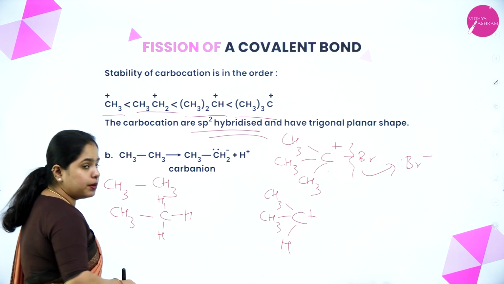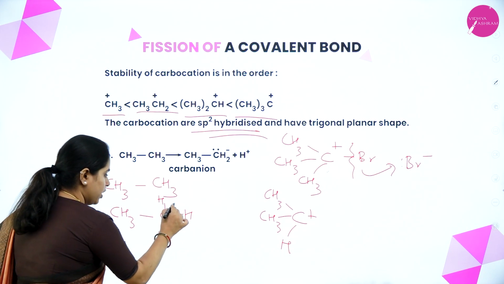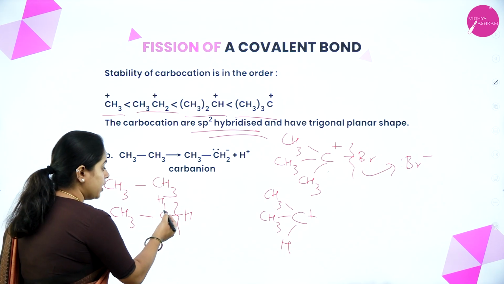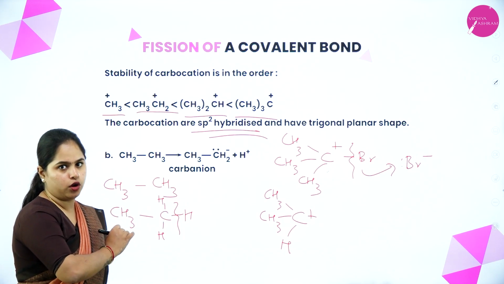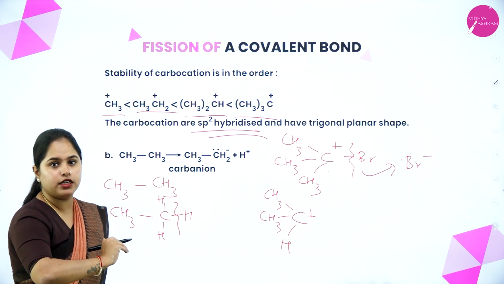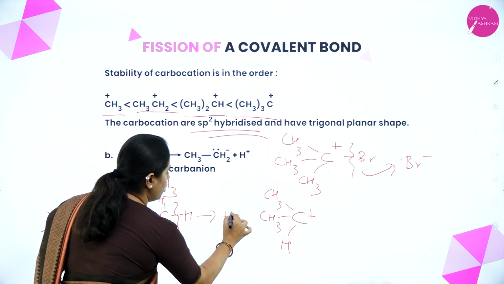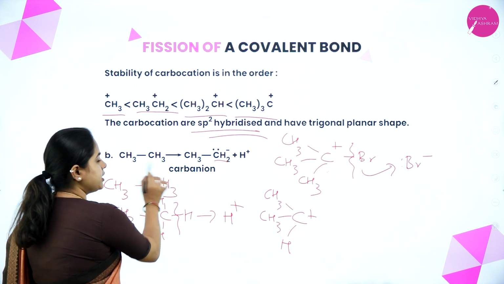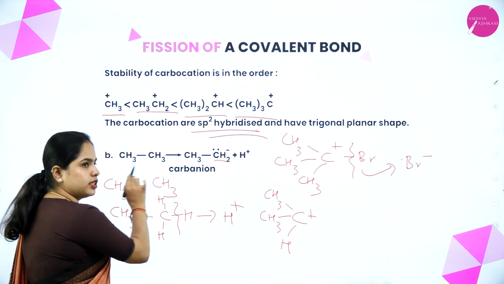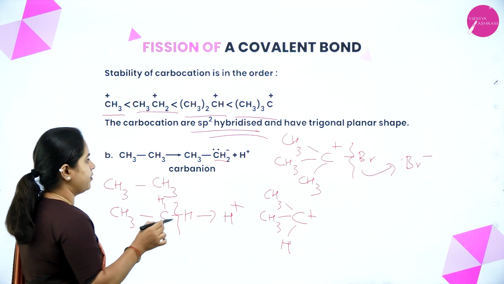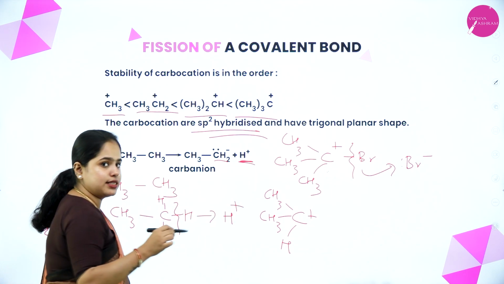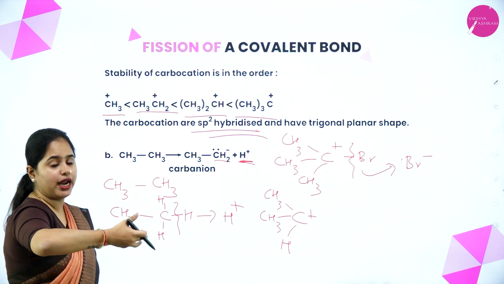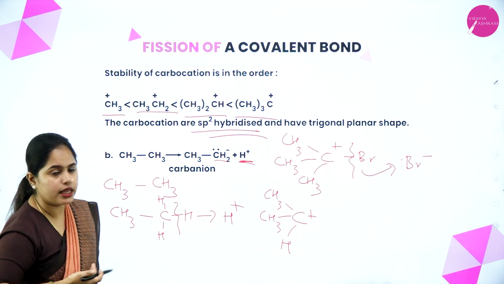As carbon has more electronegativity, when this carbon-hydrogen bond undergoes heterolytic fission, carbon will take up the 2 electrons. So carbon will become negatively charged and hydrogen will move out as H plus. So from CH3, one CH bond underwent heterolytic cleavage and hydrogen comes out as H plus, and the shared pair of electrons is taken up by the carbon.